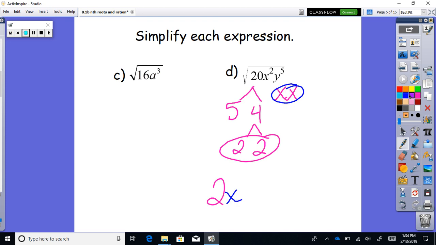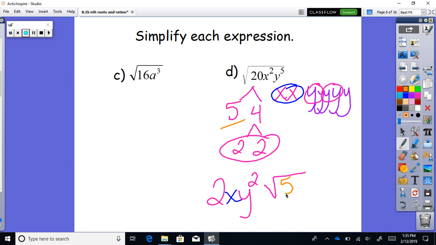And then for the y's, I have y to the 5th. We need groups of 2 because it's a square root, so I can take out 2 y's. That's y times y, so on the outside it'd be y squared. Inside the square root, you have a 5 left and a y left. So on the inside it would be the square root of 5y. So 2xy squared times the square root of 5y would be that simple expression for D.